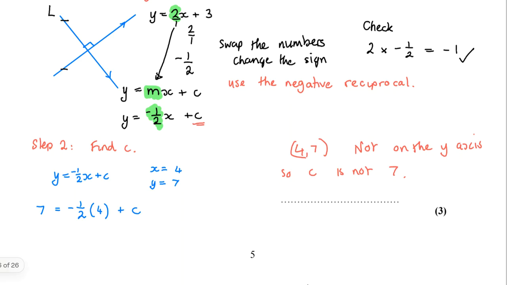So let's do negative 1/2 times 4. That's negative 2. So now we've got a nice simple 7 equals negative 2 plus something. So the something has to equal 9. So we've got y equals negative a half x, which is what we had from the first bit, but now we've got a plus 9.